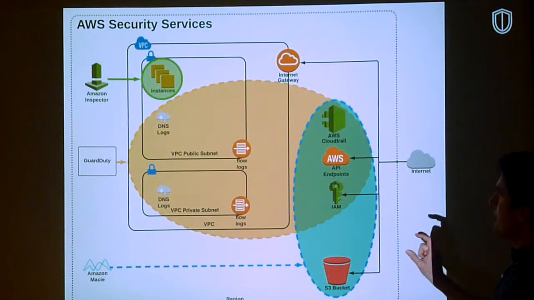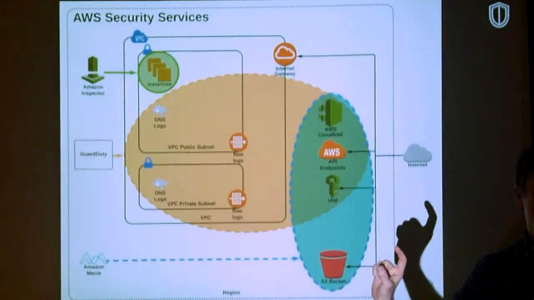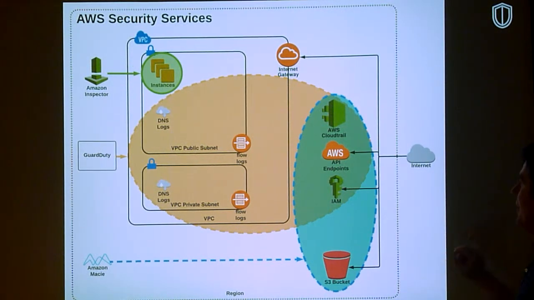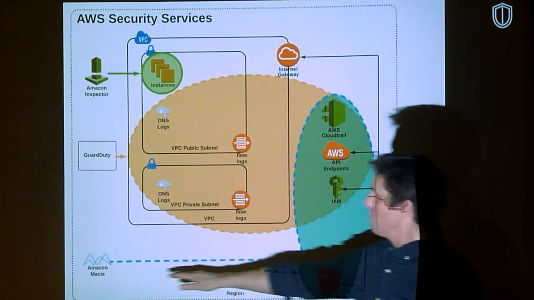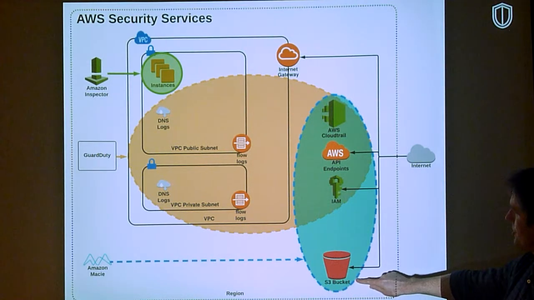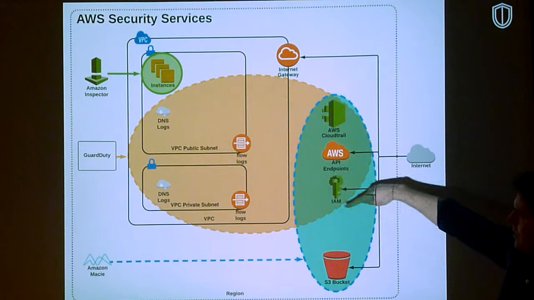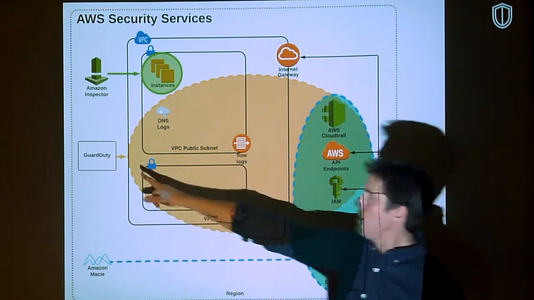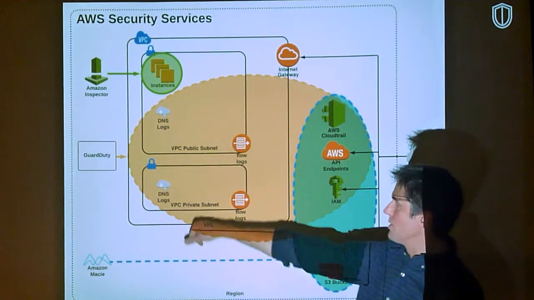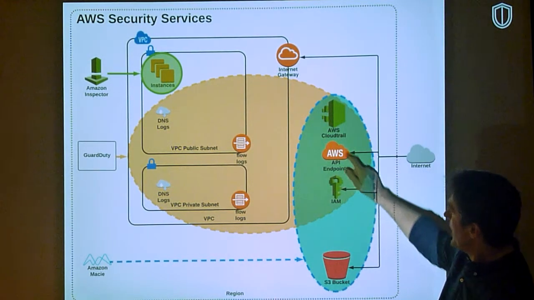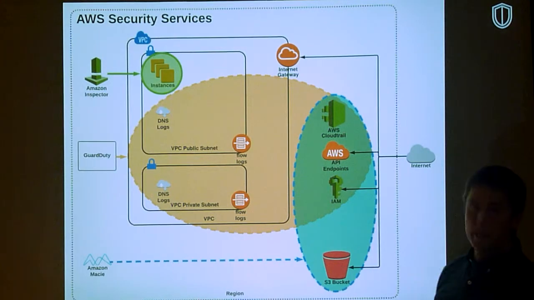This is a little out of date, but someone asked earlier about the relationship between Macie, GuardDuty, and Inspector. Macie covers S3 buckets and CloudTrail, and by extension, the API endpoints in the IAM. GuardDuty covers DNS logs, VPC flow logs, and CloudTrail, and by extension, the API endpoints in the IAM.